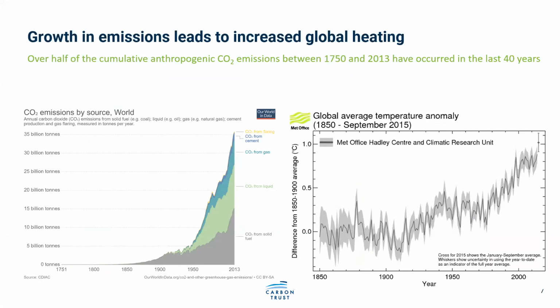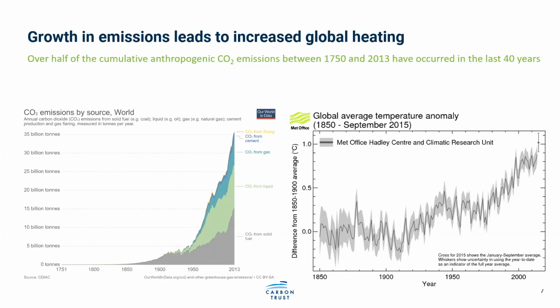And then on the right-hand side, what we see here is the temperature anomalies. So this is the increase above average temperature that we see year on year. And you can see the clear correlation between, on this chart on the left-hand side, 1950 to more recent times here, 2000. So 1950 to 2000, that clear correlation between increase in global warming gases, predominantly CO2 here shown, and the increase in global temperature.